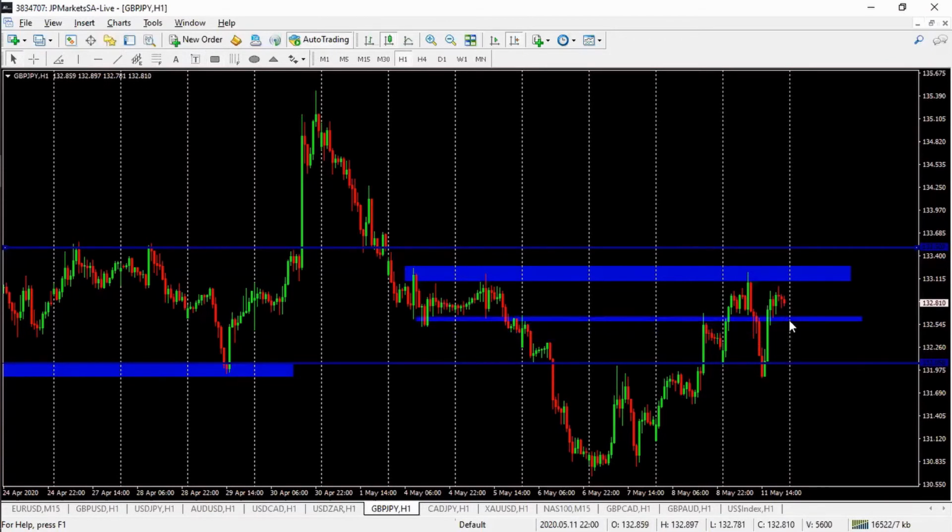A pullback here, and continue going up to take it to a major target of 135.